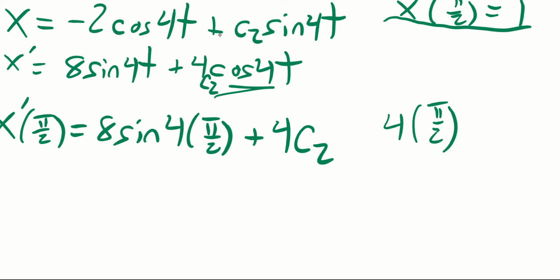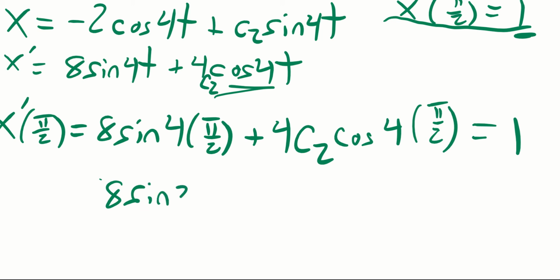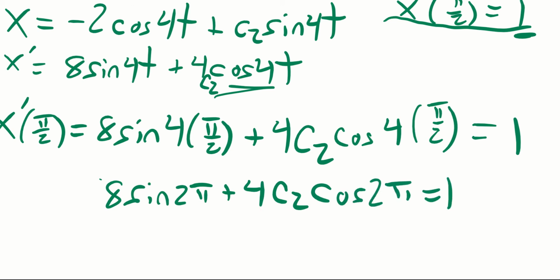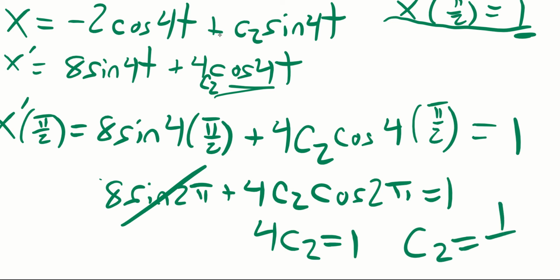That's cosine of 4 times pi over 2. And let's see what we get. This expression is supposed to be equal to 1. So we have 8 times the sine of 2 pi plus 4c2 times the cosine of 2 pi equals 1. Sine of 2 pi is 0. Cosine of 2 pi is 1. So we find that 4c2 equals 1. Divide both sides by 4. So the value for c2 would be 1/4.